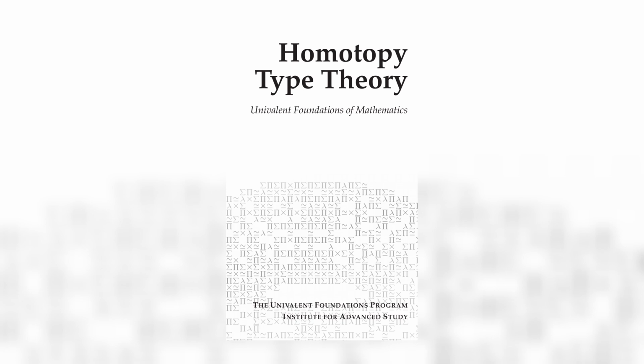X is an n-type exactly when every identity type, x equals y, is an n-1 type, bottoming out at contractibility at n equals -2. Sets, mere propositions, and contractible types are simply levels 0, -1, and -2, the places where the tower flattens.